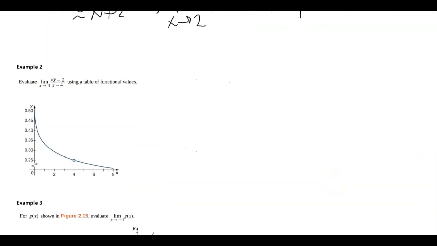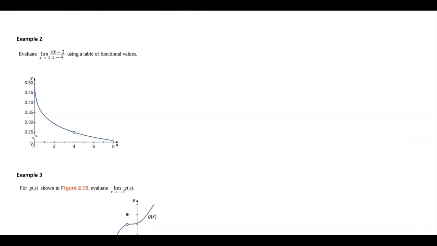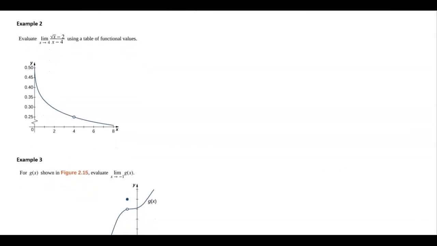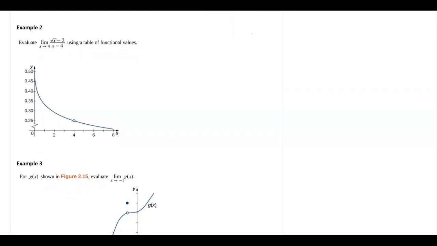All right, let's continue with looking at a table of values and also looking at the graph here in order for us to find these limits. So as x goes to 4, notice when I plug in 4 here, I have 4 in the denominator. I don't like having 4 in the denominator.